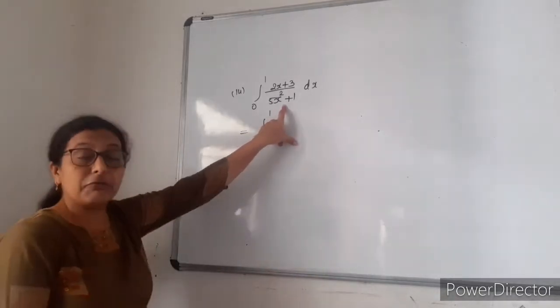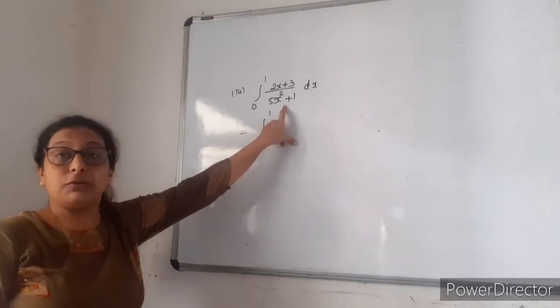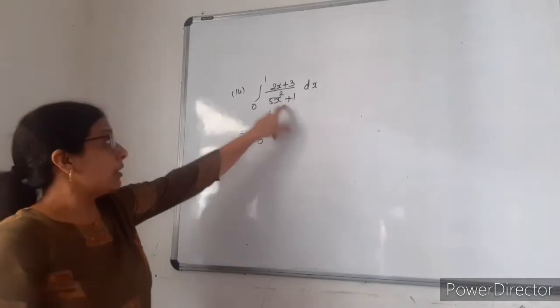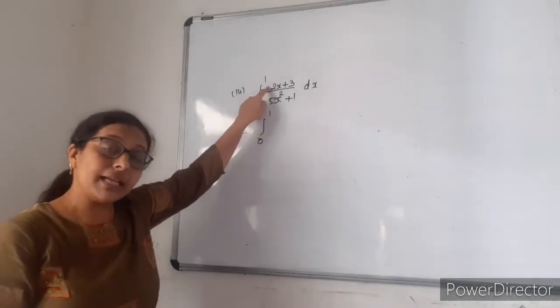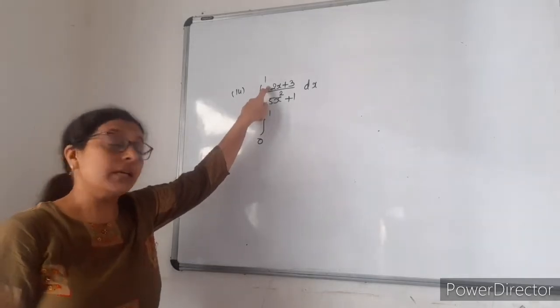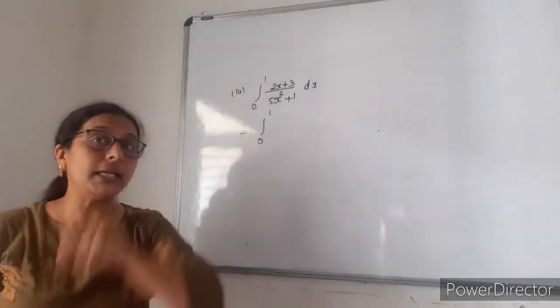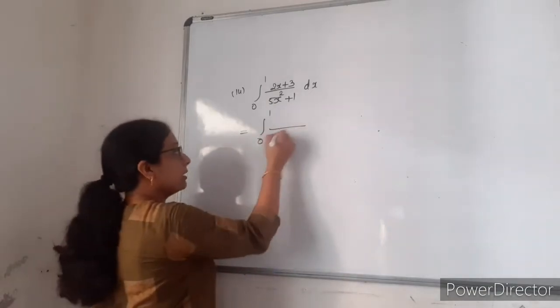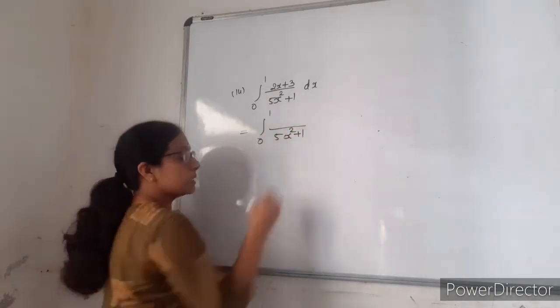If we want to take 5x square plus 1 as t, then its derivative is 10x. So here you want to adjust the term with 10x. We did the ax plus b method, right? It is the same method. But whenever it is a simple term, we can adjust the term directly, because here it is 5x square plus 1.